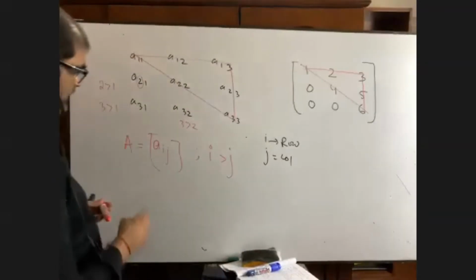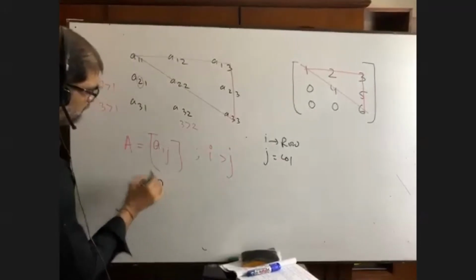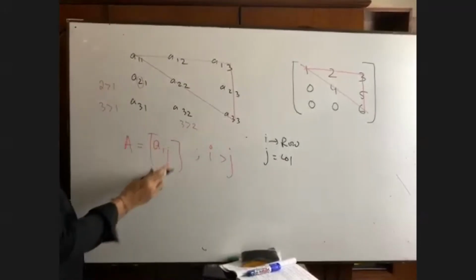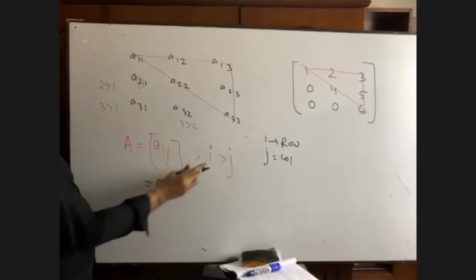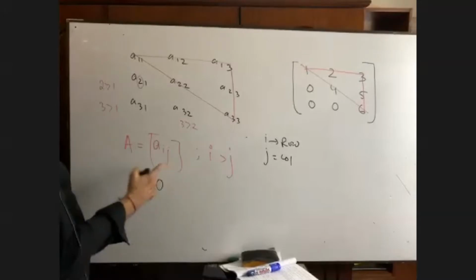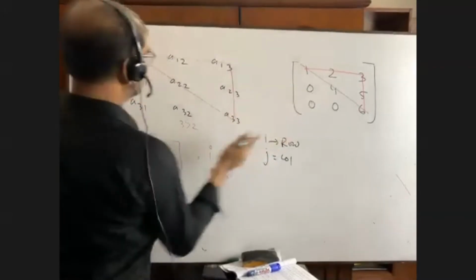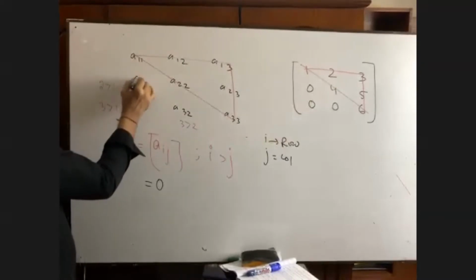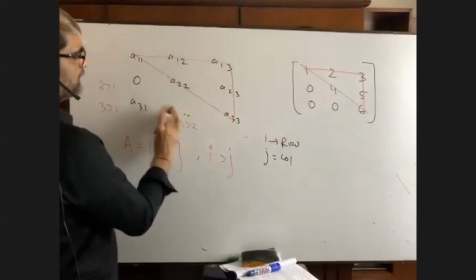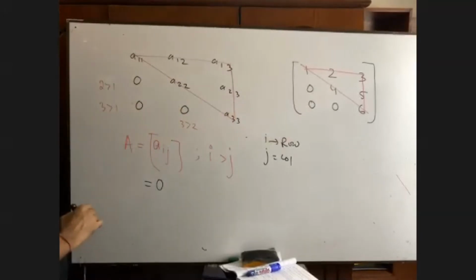And you have to write here one thing that I have not written. It is equal to 0. Aij equals 0, condition i greater than j. You see, in this question, it was 0.